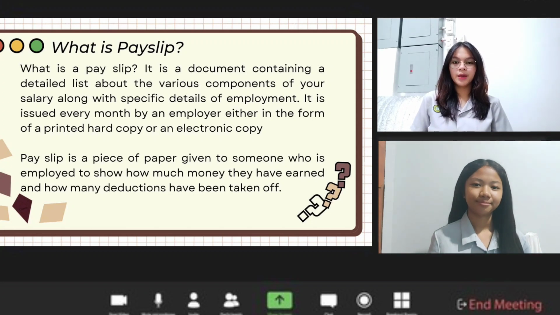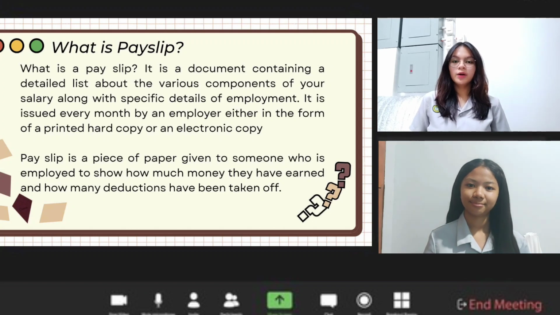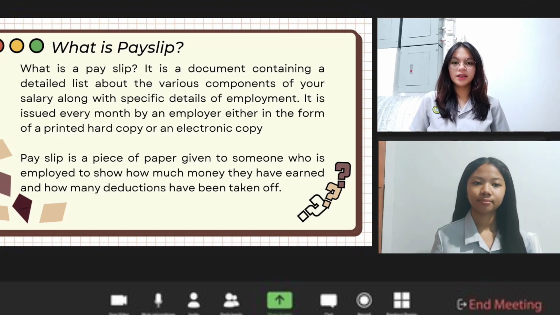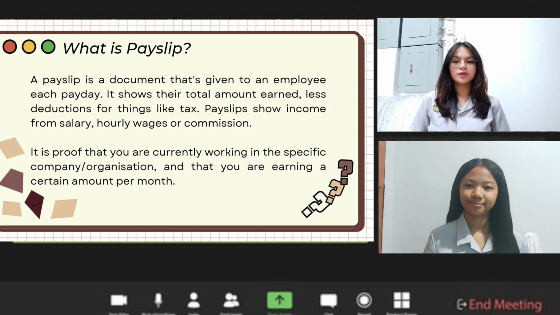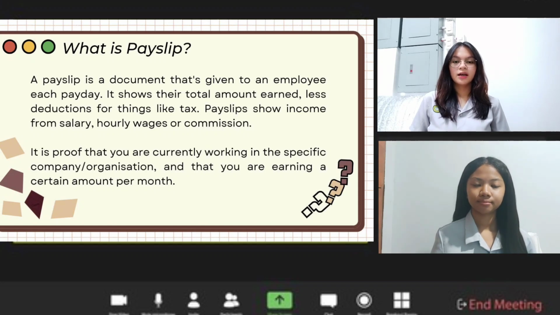A payslip is a piece of paper given to someone who is employed to show how much money they have earned and how many deductions have been taken off. It is given to an employee each payday. It shows their total amount earned, less deductions for things like tax.